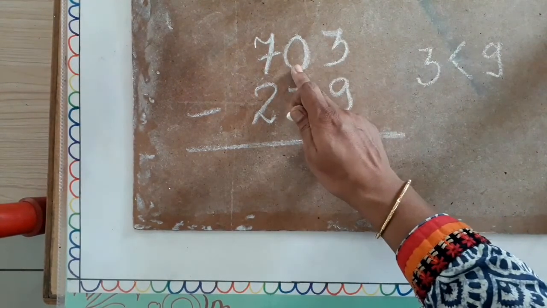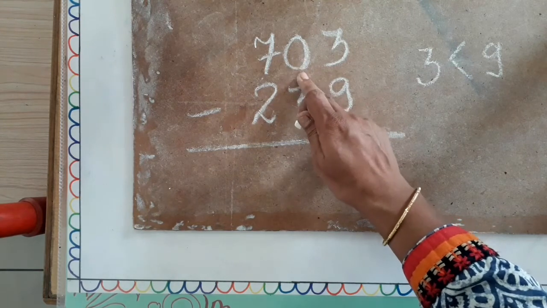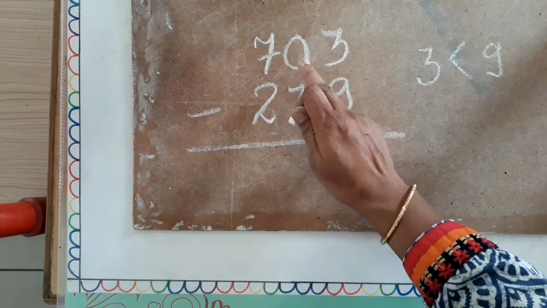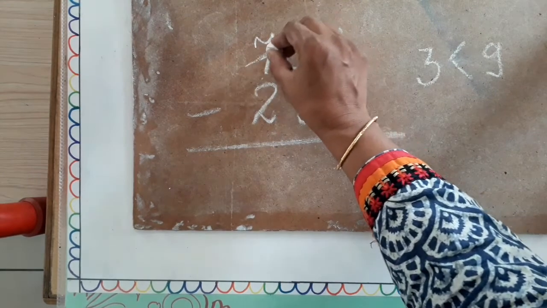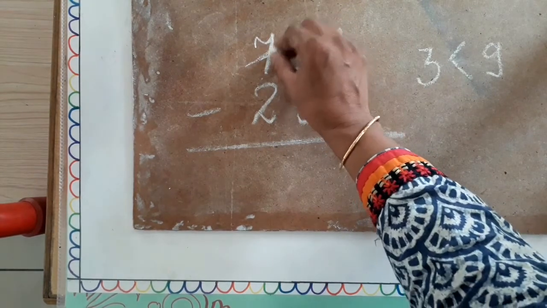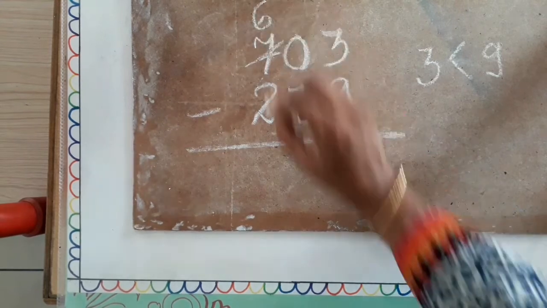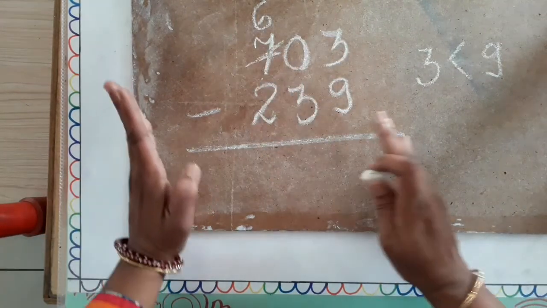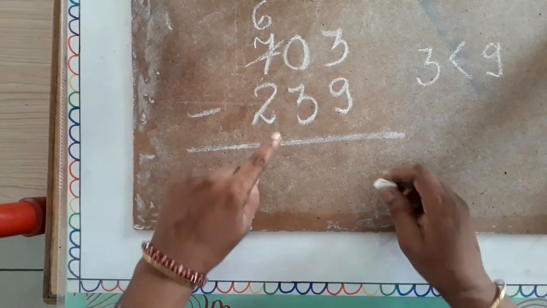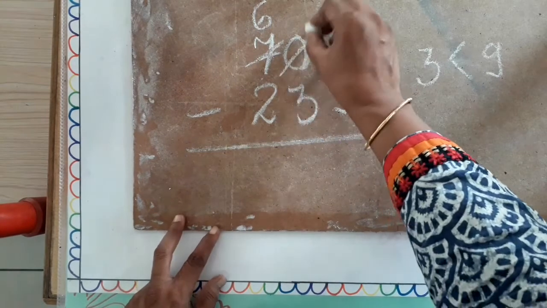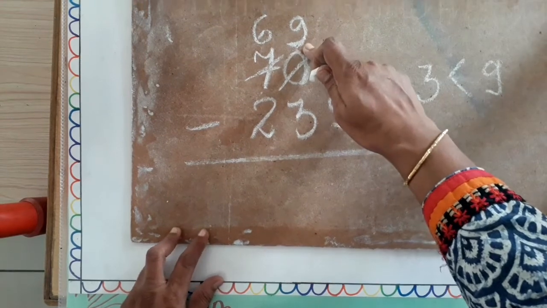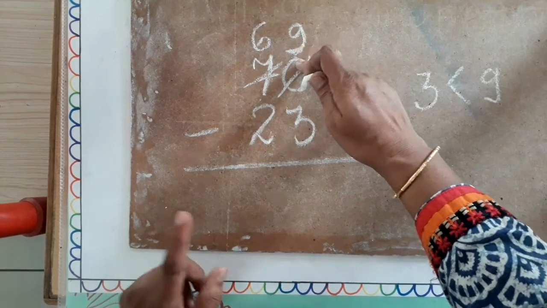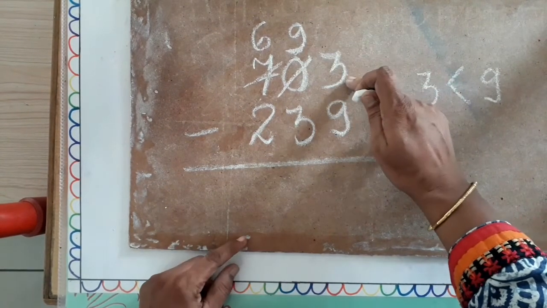Now B person is not having any bundles of tens. So he will also go to the next door. So instead of 7 hundreds, this person is left with 6 hundreds and hundreds he has given. Out of hundreds, he will keep 9 bundles of tens, that is 90, and 10 he will give to this person.